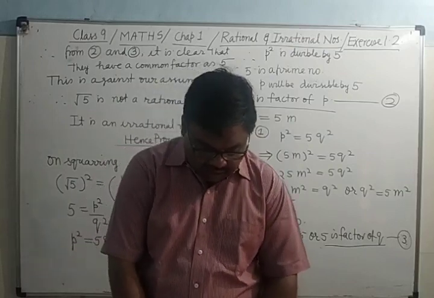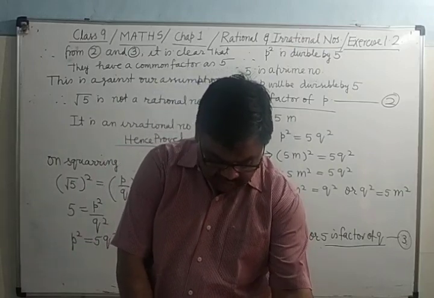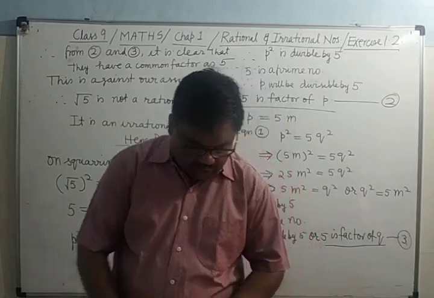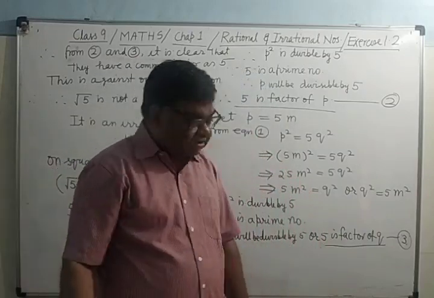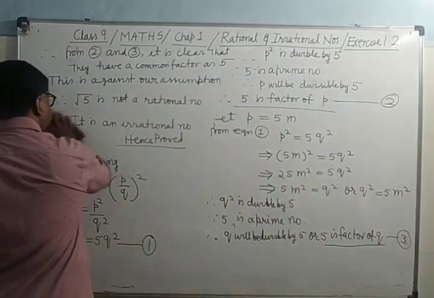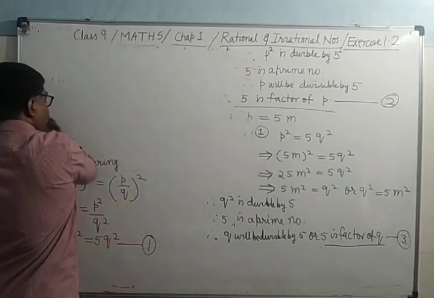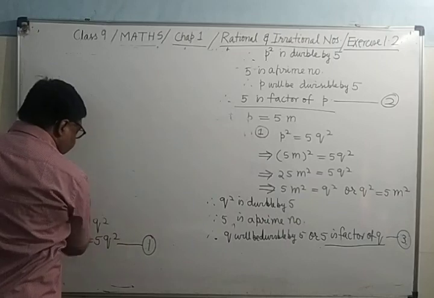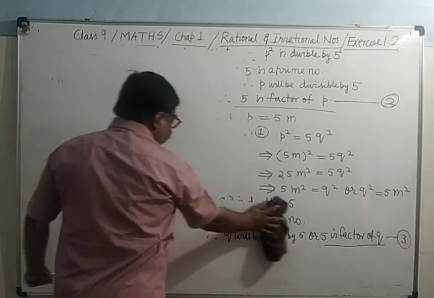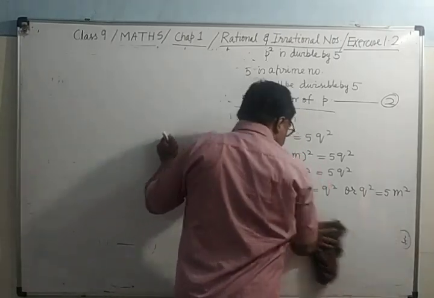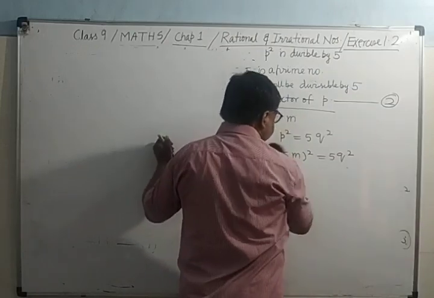Now you can see here: prove that 1 upon root 11 is an irrational number. Exactly in the same way we will proceed, but you have to write all the statements.